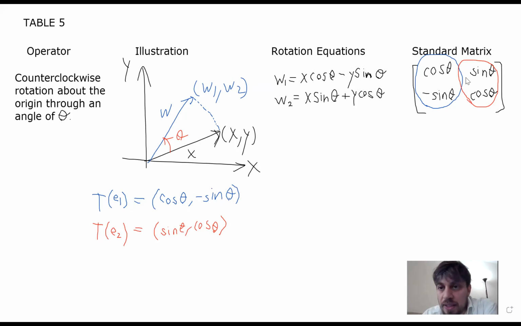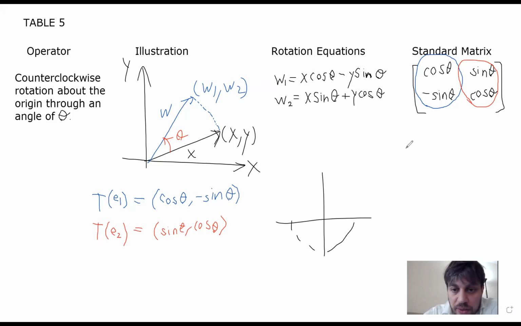If you have the XY axis, this is just illustrating the images under T of E1 and E2. You have the unit circle, radius 1.